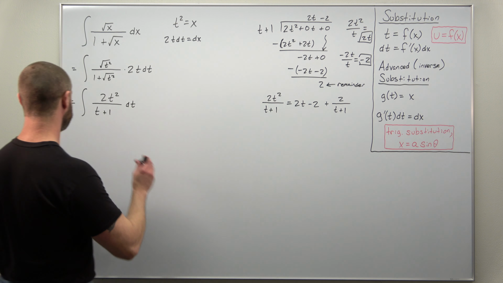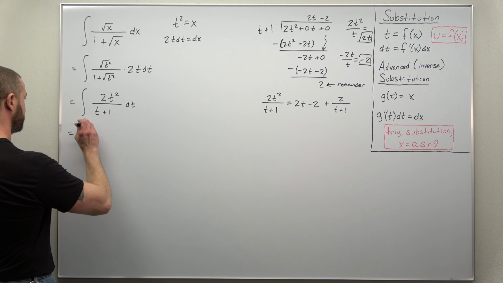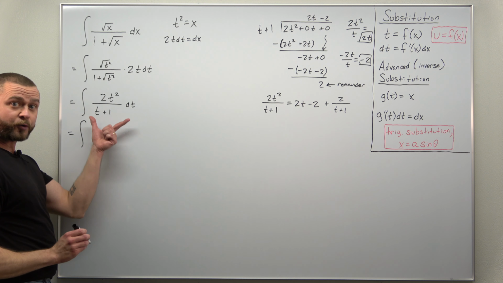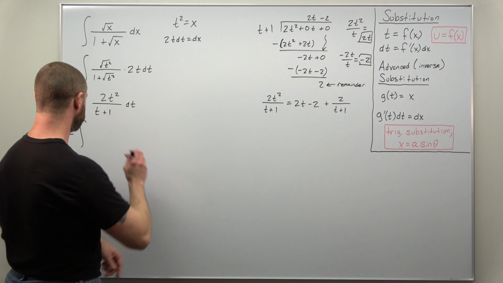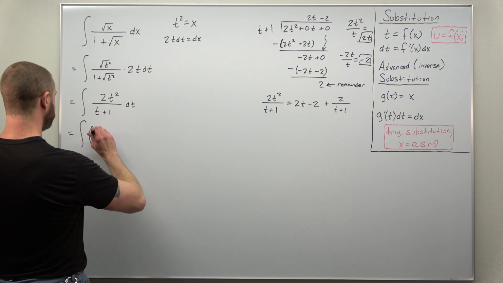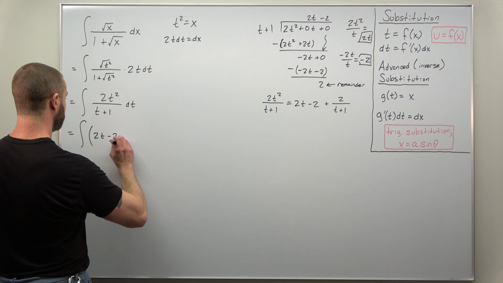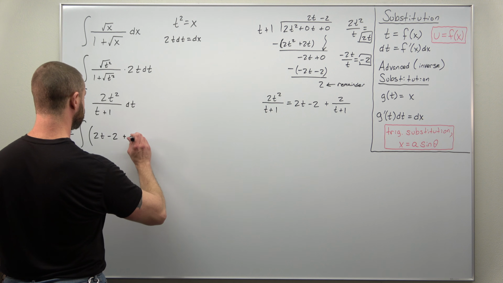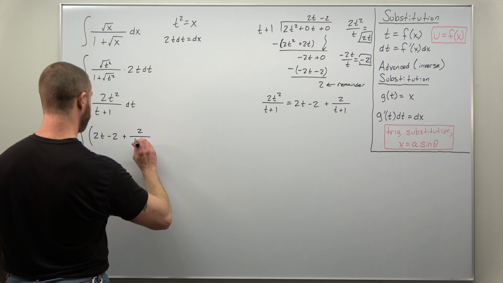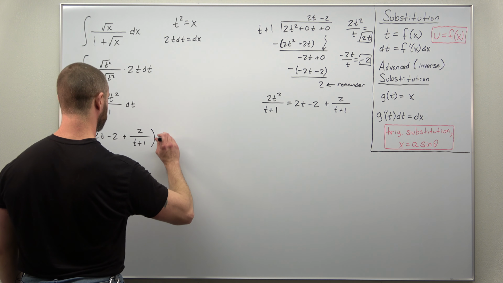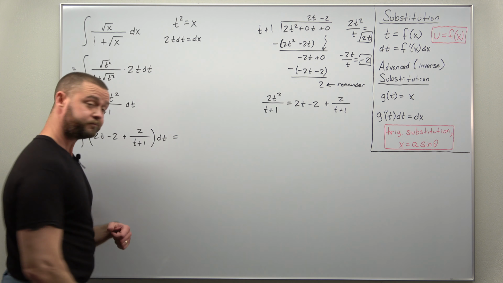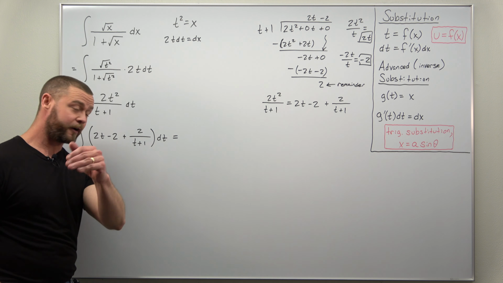So let's go ahead and plug that in right here. We just rewrote our function basically by going through long division. So we get 2t minus 2 plus 2 divided by t plus 1. And now we can integrate very easily.